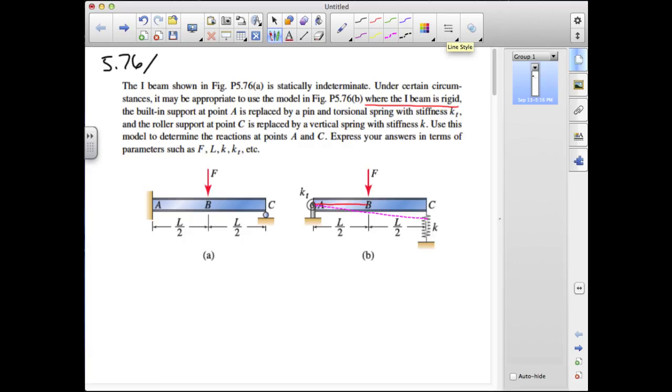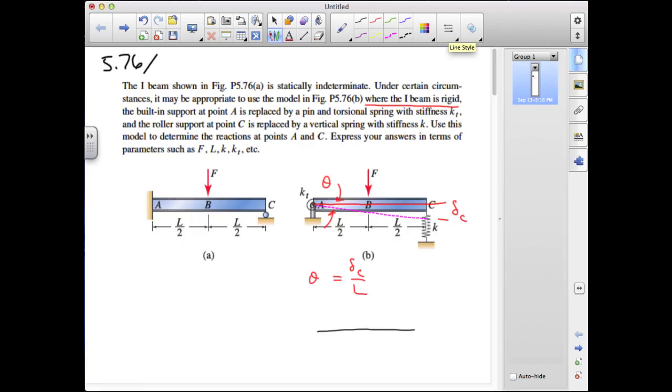That's important because it's going to tell us something about the relationship between the vertical deflection experienced here at C and the angular displacement of the body at A. In particular, theta is going to be equal to the deflection at C divided by the length of the beam.